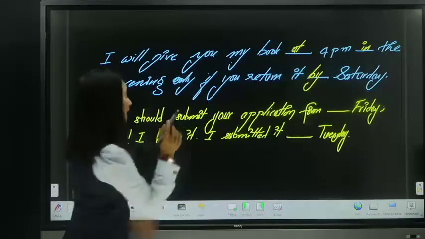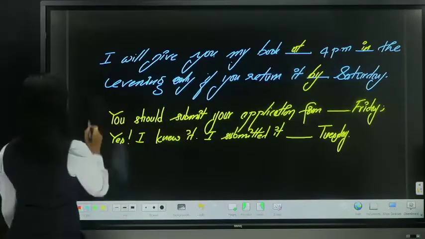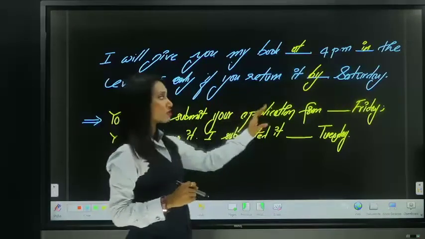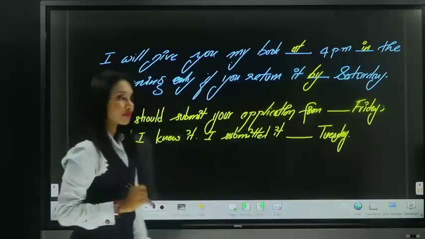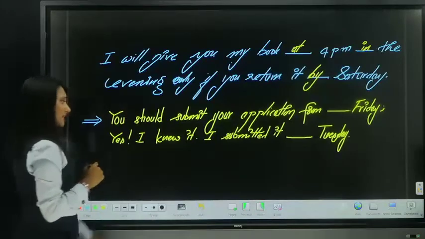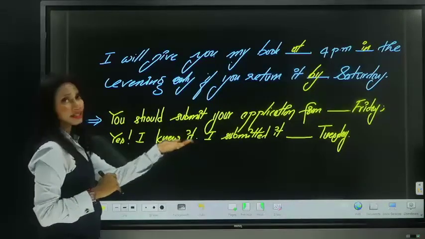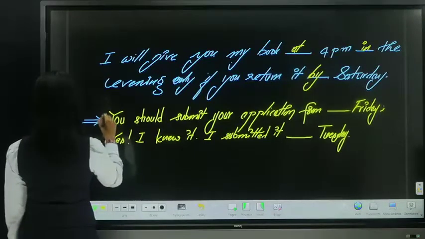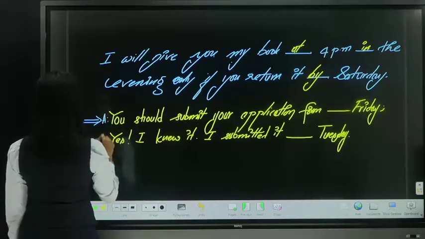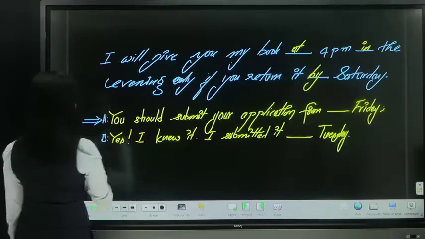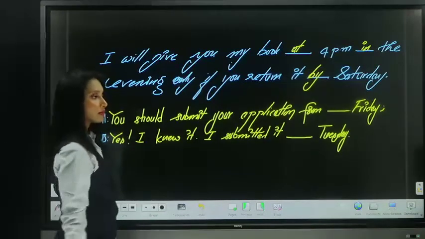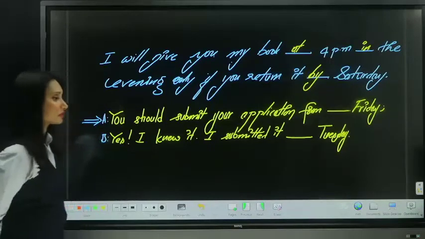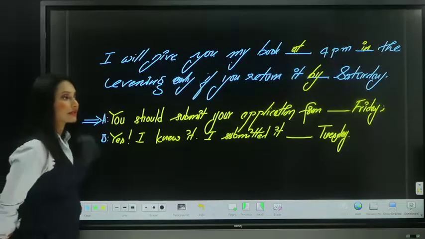Check out this. And now look at the second sentence. Here we go. You should submit your application form dash Friday. Yes, I knew it. I submitted it dash Tuesday. So let's consider this as a conversation between two persons A and B. Answer this second one, guys.